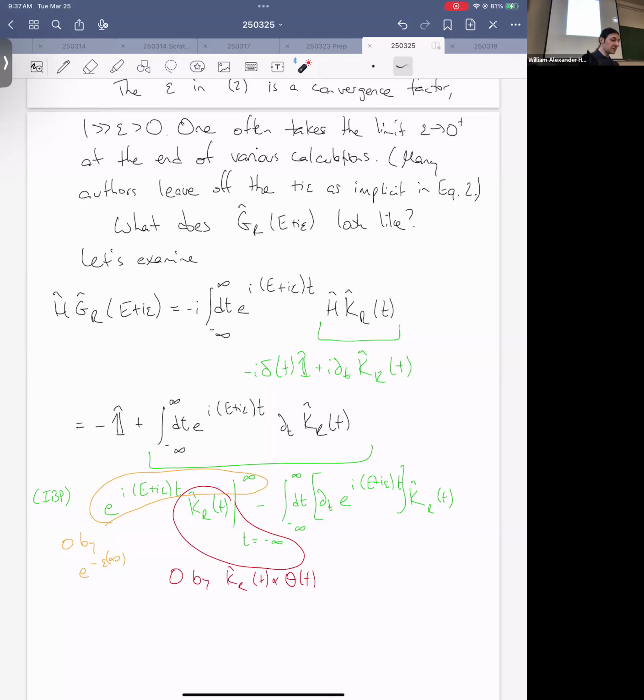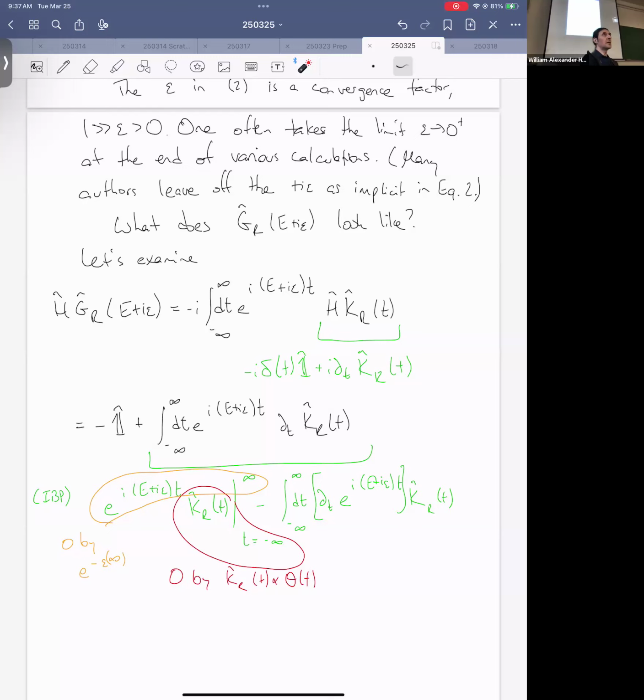I'm being very physicsy here in terms of evaluating these limits. If I'm doing this in a math class, I would have to say that I'm really taking the limit b goes to infinity and evaluating this at b, and that's nested inside a limit epsilon goes to 0 from the plus side, and I cannot reverse the operations of those limits.